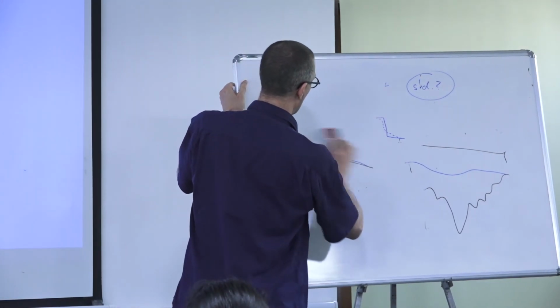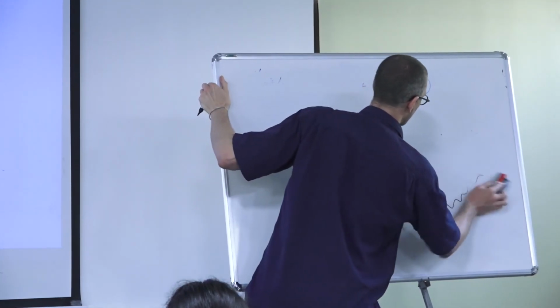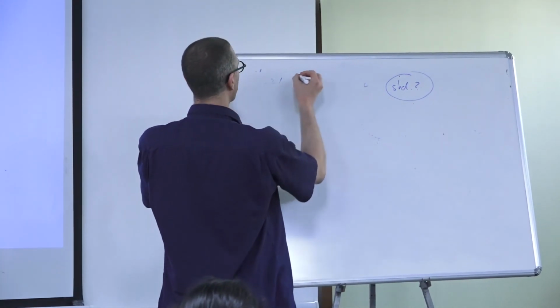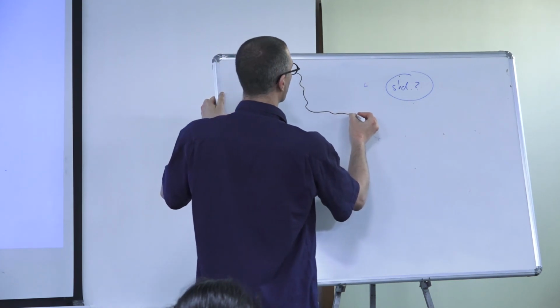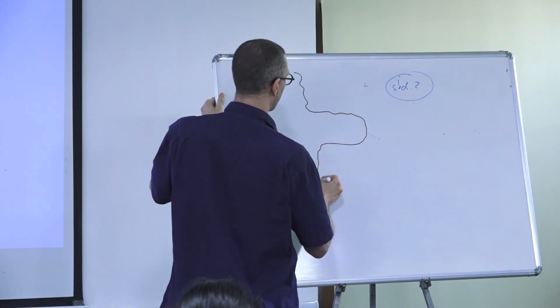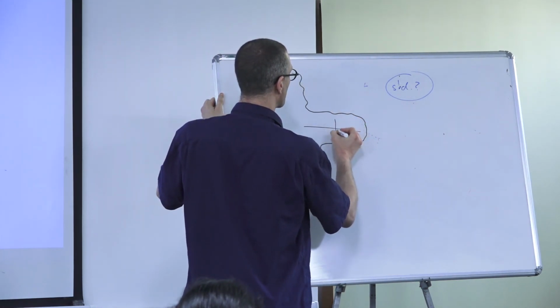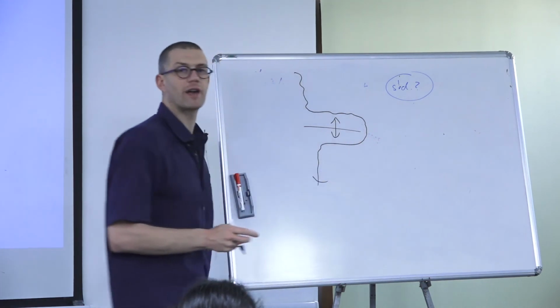and you have a drainage system that comes out of the Himalaya, goes around. Sometimes it looks something like this, right? And here you have a structure that may be some kind of an anticline.